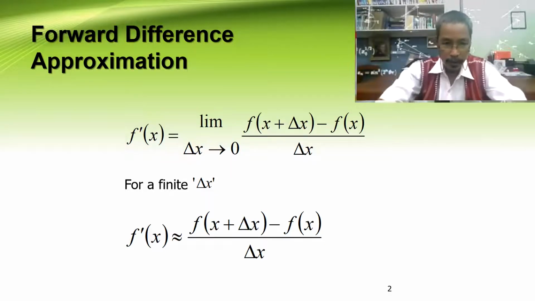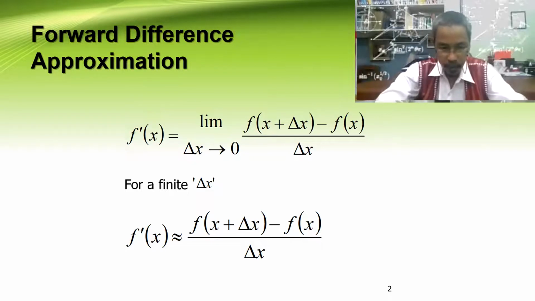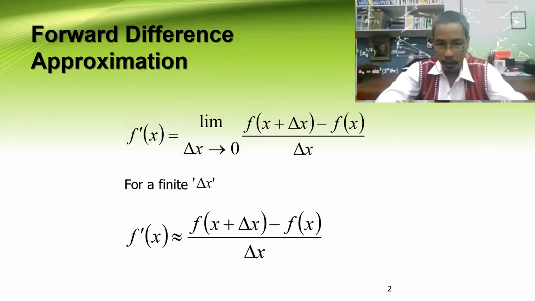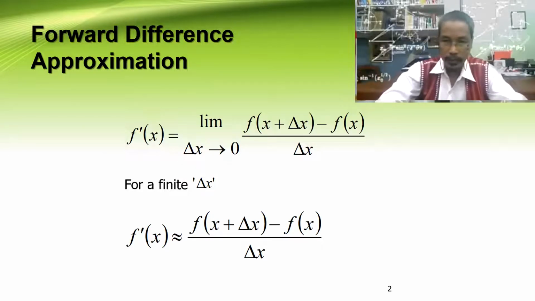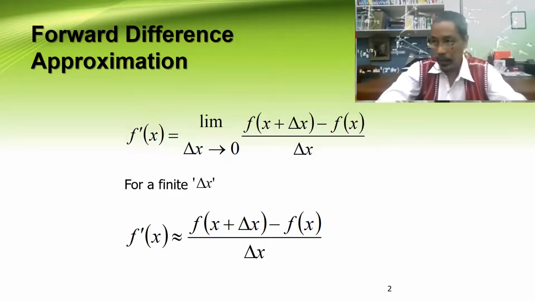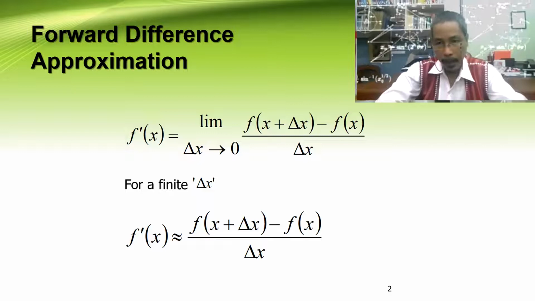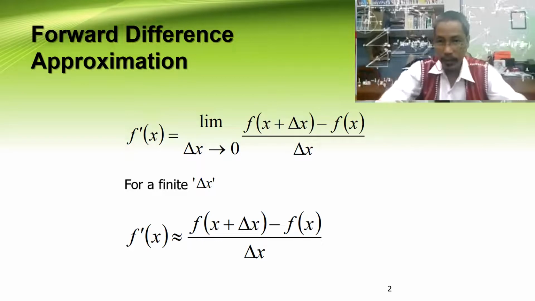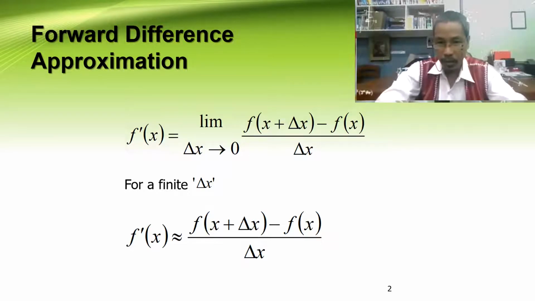So for this definition, given a finite value of delta x, we can therefore approximate, because in practical terms, we cannot make delta x equal to 0. We can just approach 0, but we cannot in any way make it equal to 0.